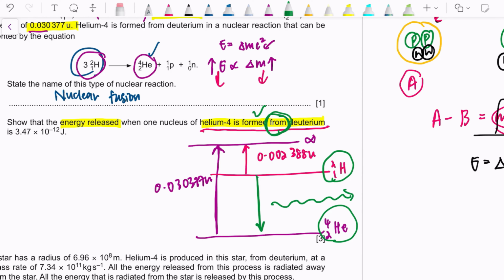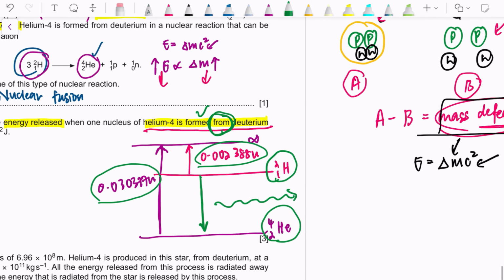How do we solve this? We take this mass defect minus this. Then, because they're asking for energy, you take the value after you subtract these two and substitute it into this formula, and you will get your energy release.